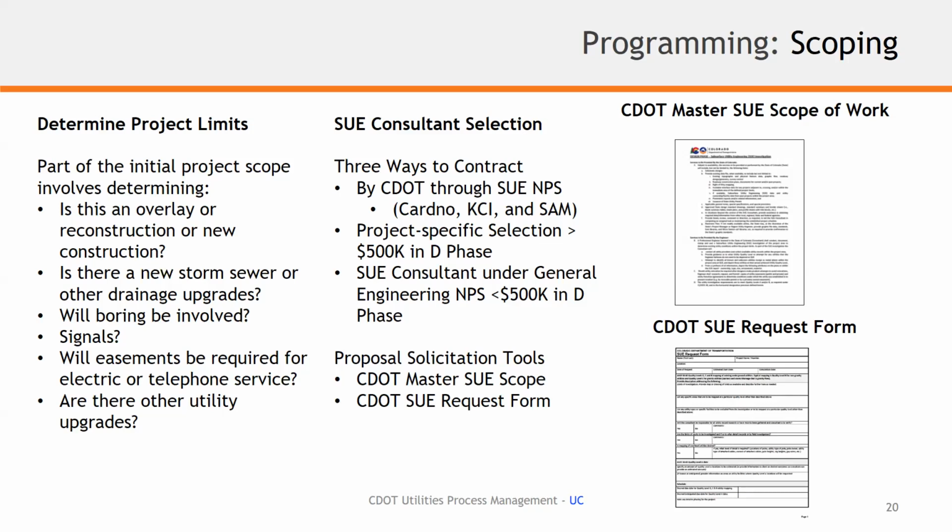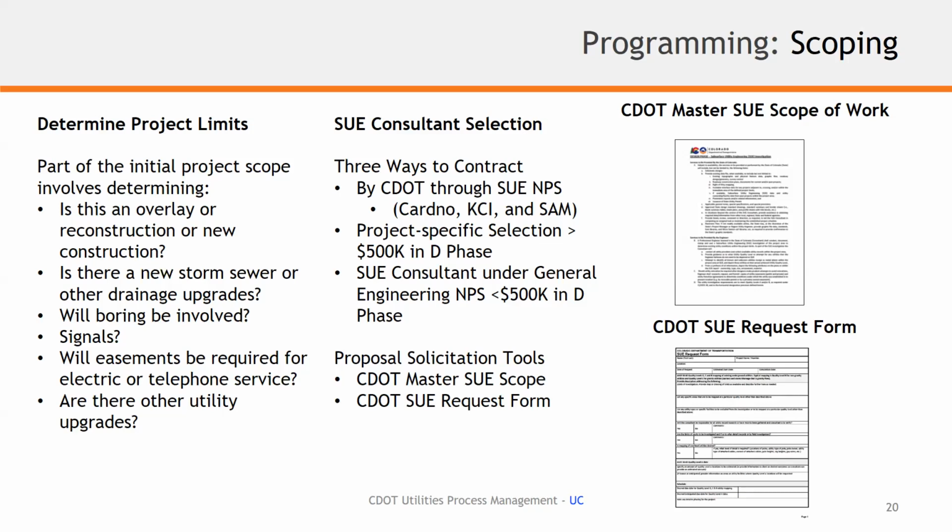Very important within the project limits to understand the early scope of work and how it might pertain to the subsurface utility condition, the existing condition. For example, is there a new storm sewer system or drainage upgrades planned for this project within the project limits? Very important to convey that to the utility coordination team.